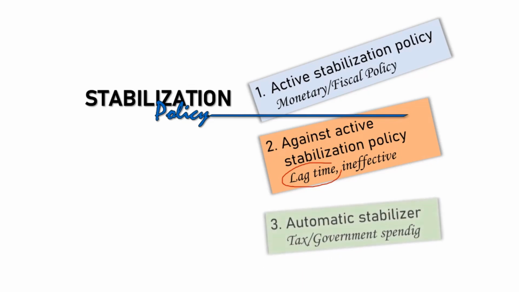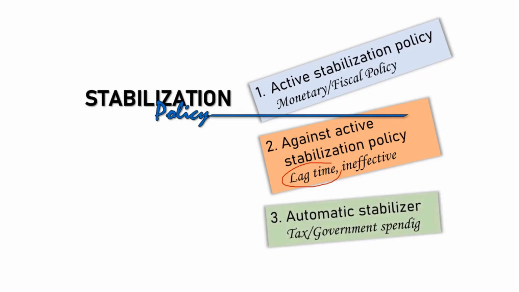Lastly, automatic stabilizer means that no deliberate actions are taken by the policymakers to stabilize the economy. When there is a recession, for instance, tax will be lower because almost all taxes are closely tied to economic activity. Lower tax may shift the AD to the right.